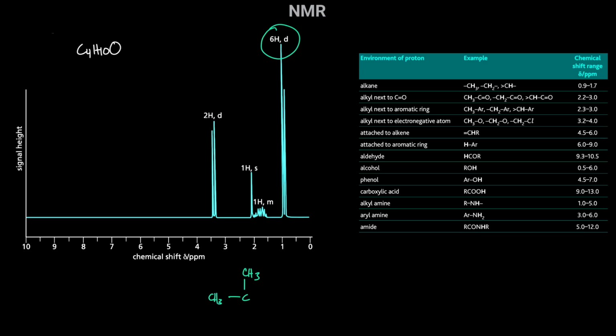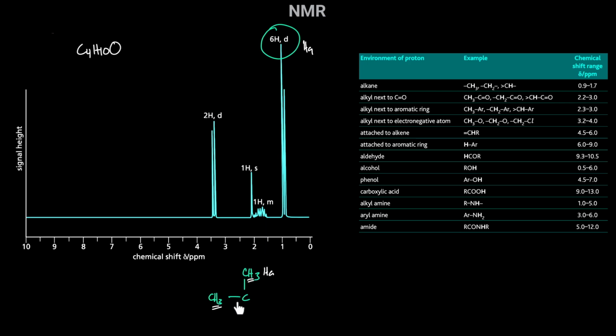Let's call that HA. Those are alkane protons because the shift is around 1 part per million, in the range 0.9 to 1.7. That's the only range that satisfies this peak.